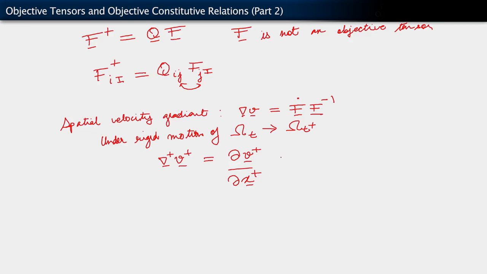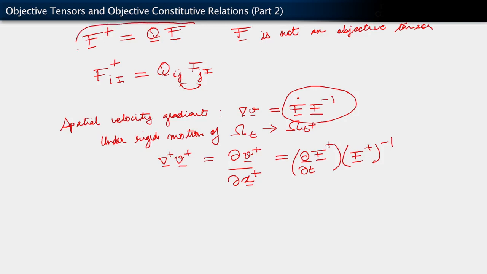Now, conveniently, we have this relation, and just before this, we've looked at how F transforms. So this is essentially the partial with respect to time of F plus, all of this times F plus inverse. We have this relation for F plus where the Q is a function of time. So now we can calculate all of this.